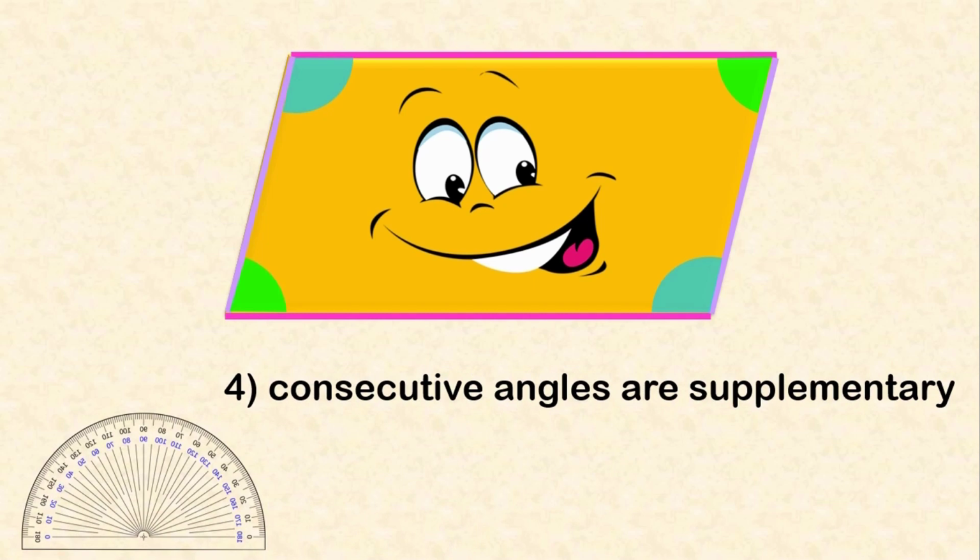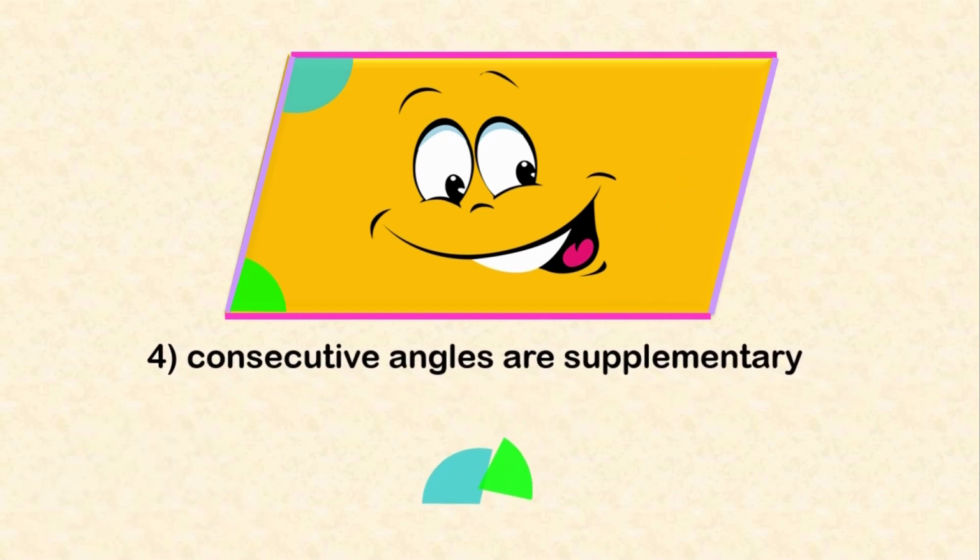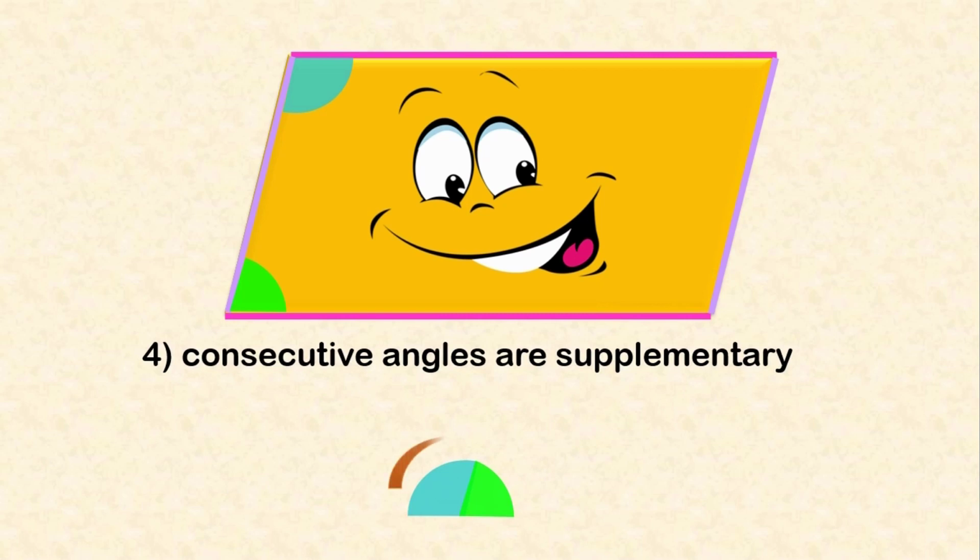This means they add to 180 degrees. Any consecutive angles in the parallelogram are supplementary, and you can try to figure out this feature. For example, I aggregate 2 angles and you see the sum of them is 180 degrees.